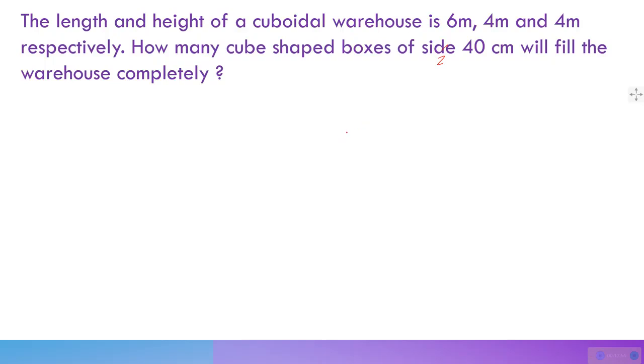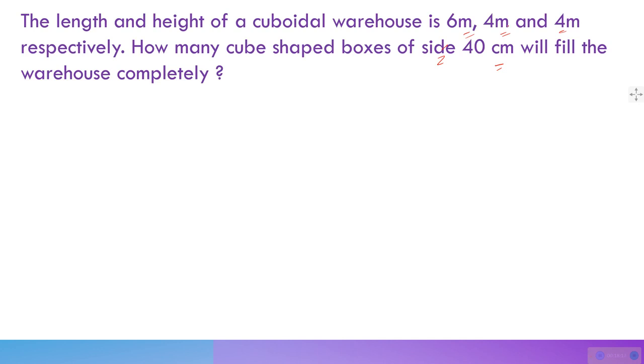Before proceeding, I would like to tell another important thing related to doing the sums related to this kind of situation. A rough diagram is always good. Second, you need to check the unit. Here it is meter, here it is meter, here it is meter, here it is centimeter. As always, we cannot deal with different units.